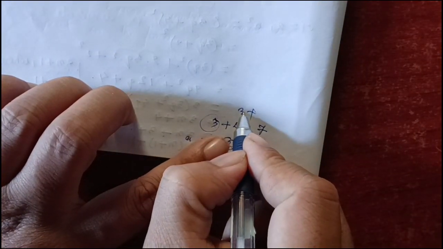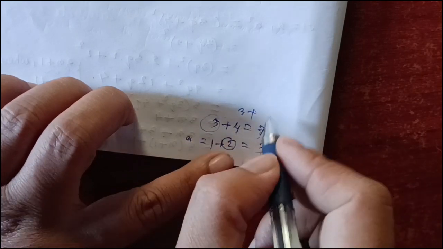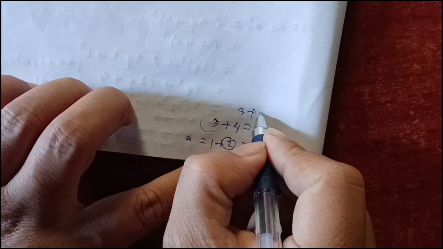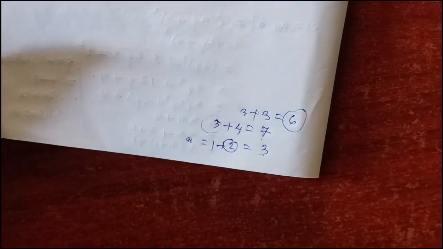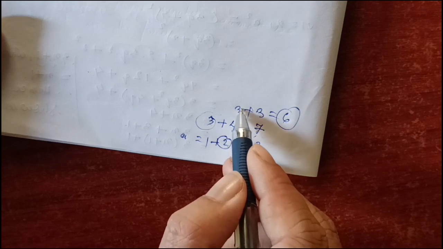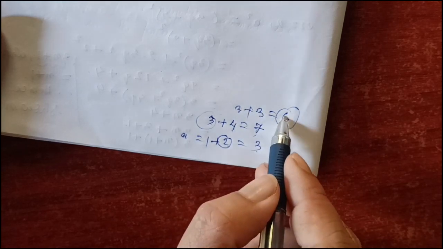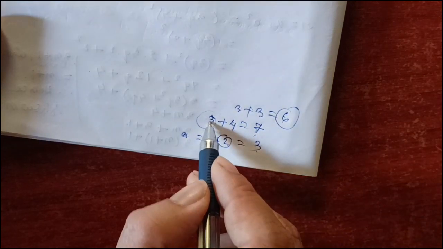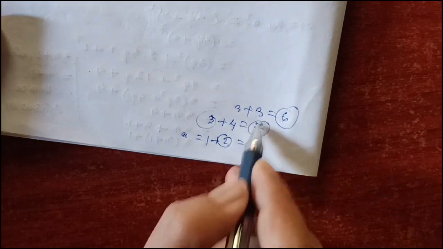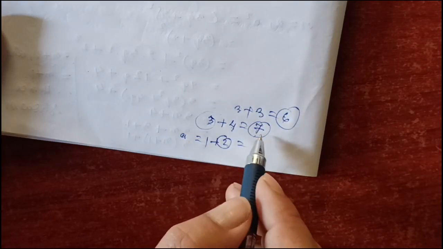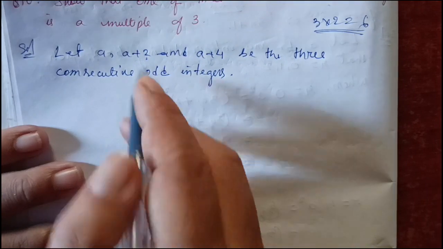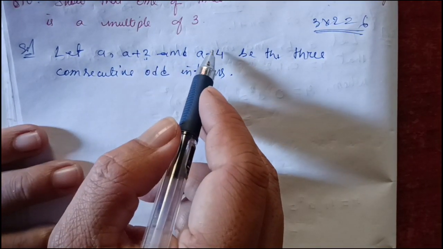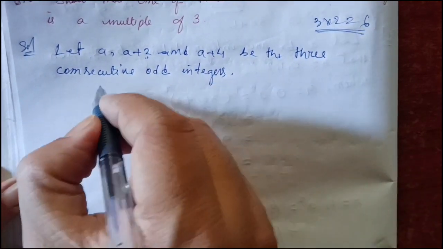In an odd number, if you add another odd number, you get an even number. So in our question, we want to get the odd number. That is why we should add an even number. Clear, right?